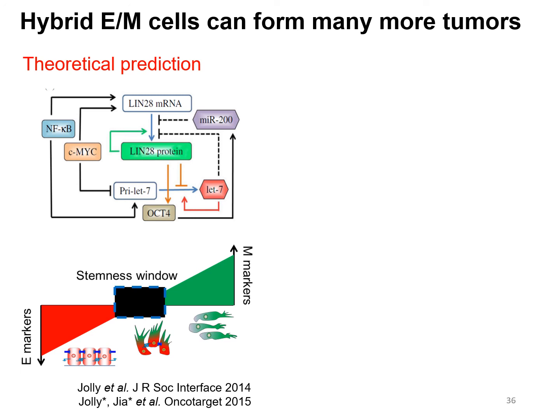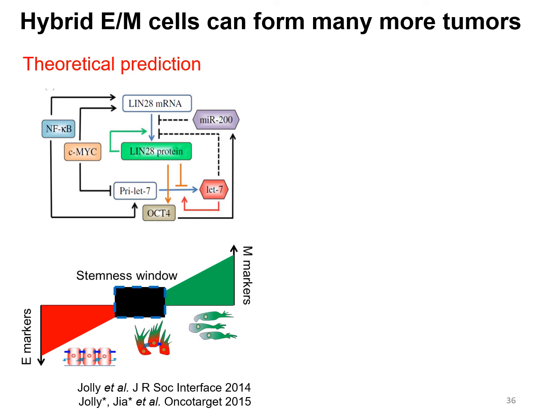So what our mathematical model predicted here was that the stemness window actually lies somewhere in between, which means that the cells most likely to be stem-like or tumor initiating are the hybrid cells, not the ones which are completely epithelial, not the ones which are completely mesenchymal either, but the ones somewhere in between. I must clarify that our model did predict that the stemness window could move left or right on this particular axis, but its most likely positioning was somewhere in between.